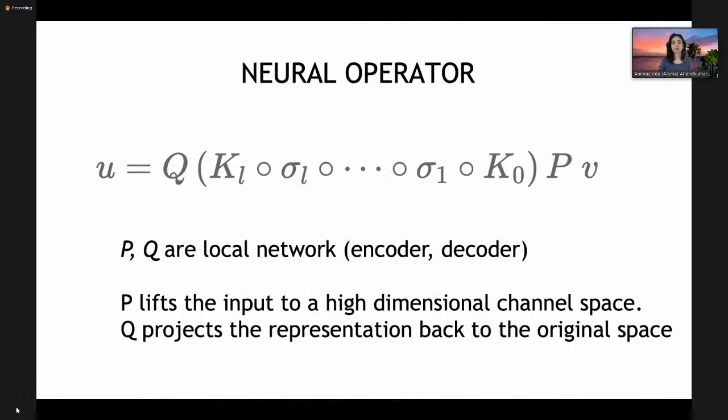In fact, what we found in our experiments is that as little as 4 or 5 layers suffices even for challenging problems like Navier-Stokes, which makes it interesting that they don't have to be very big networks to get even zero-shot generalization to other resolutions, including super resolution.